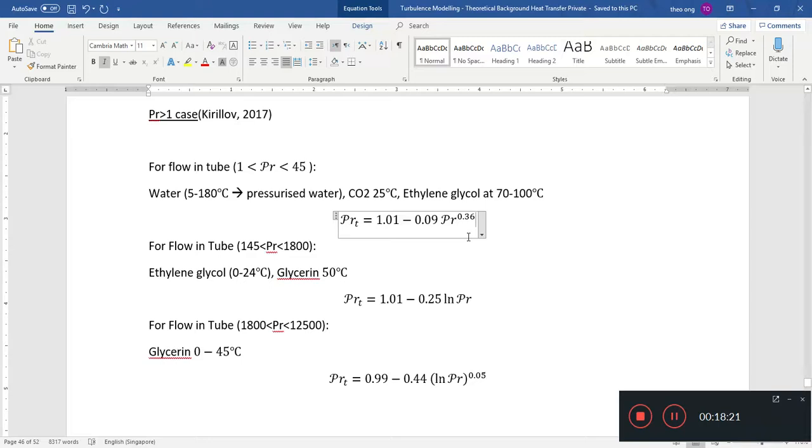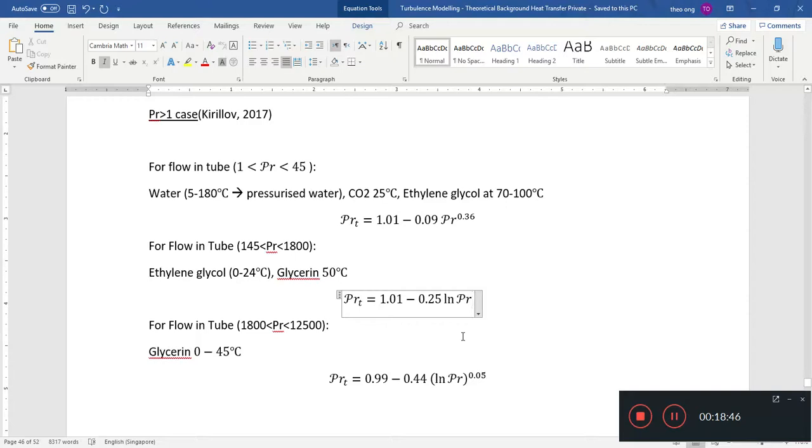This is just empirical data fitting. Likewise, over here for Prandtl numbers from 145 to 1800, using ethylene glycol at 0 to 24 degrees C, glycerin at 50 degrees C, the turbulent Prandtl number equals 1.01 minus 0.25 times the natural log of the Prandtl number, if I'm not wrong.